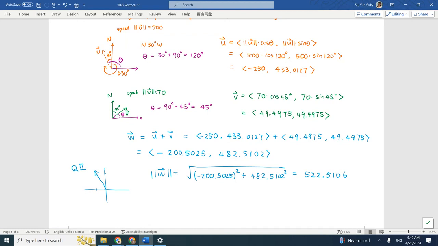And how do we find the direction angle theta? Tangent theta is the opposite over adjacent. Opposite is the y component, so 482.5102 over the x component, negative 200.5025. What is this? Give me 6 decimal places here. I know it's negative.